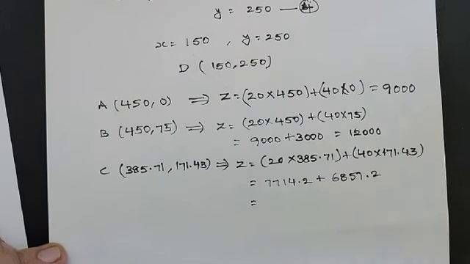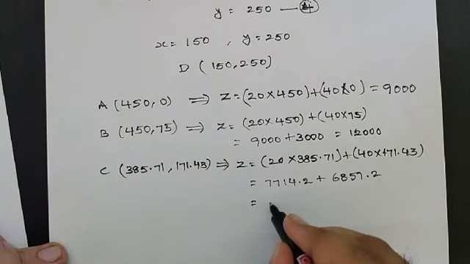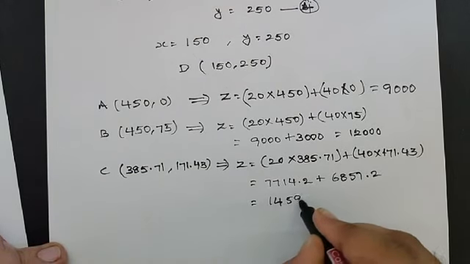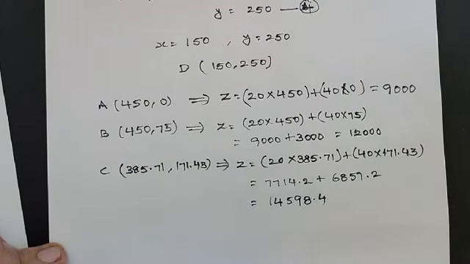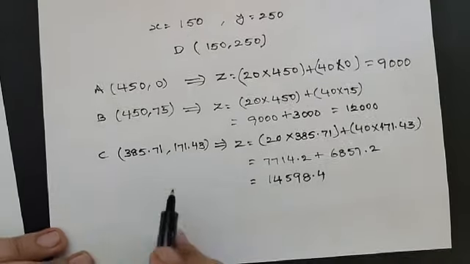Then the total is 7714.2 plus 6857.2, which equals 14,571.4.